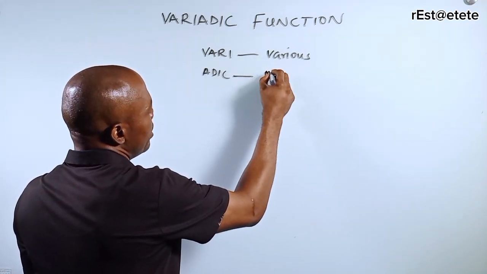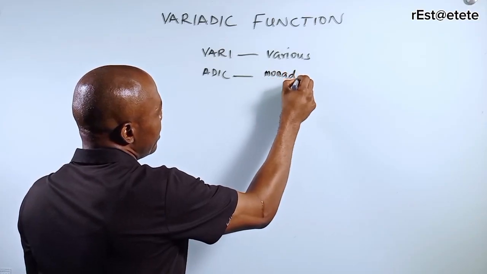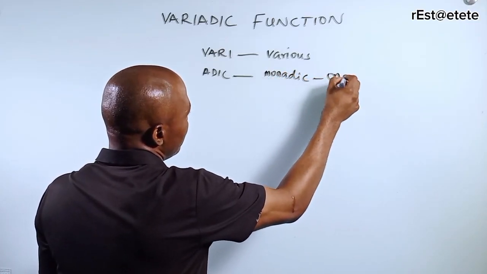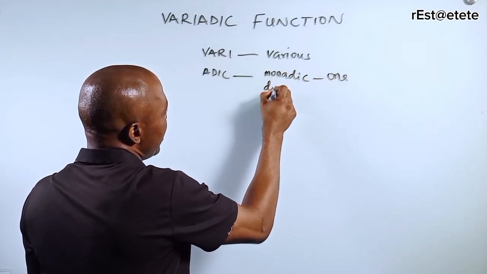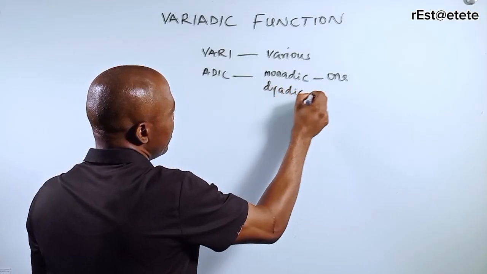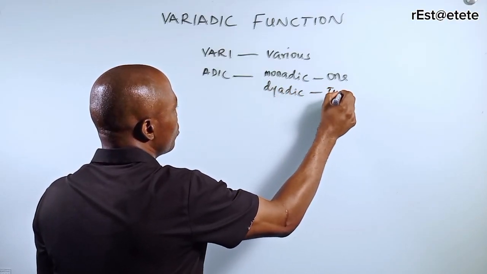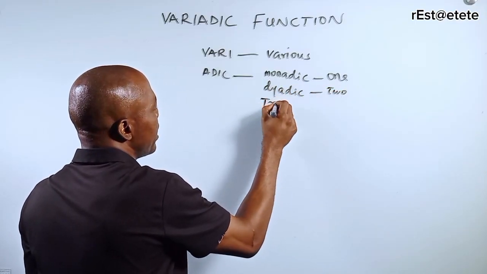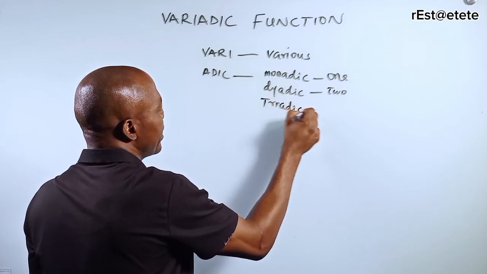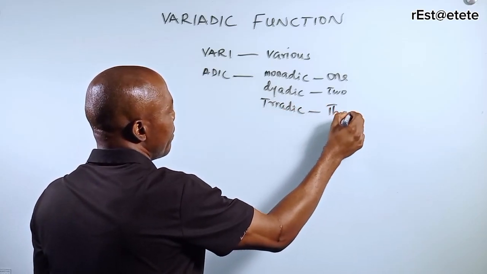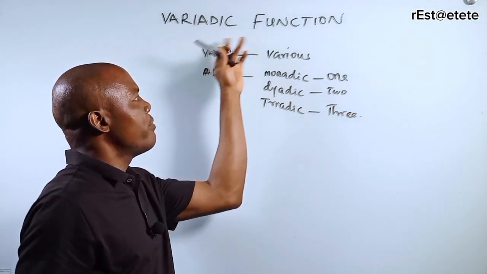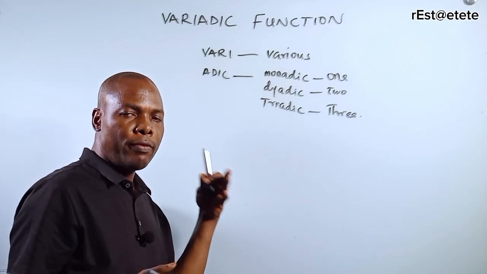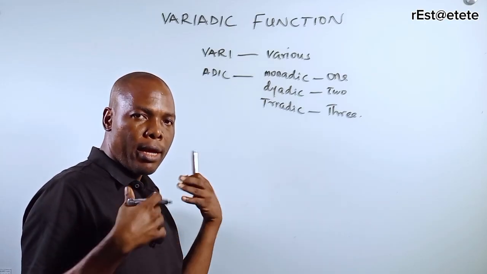So like monadic for one, diadic for two, and then triadic for three, right? So a variadic function is a function that accepts various number of arguments every time you call it.